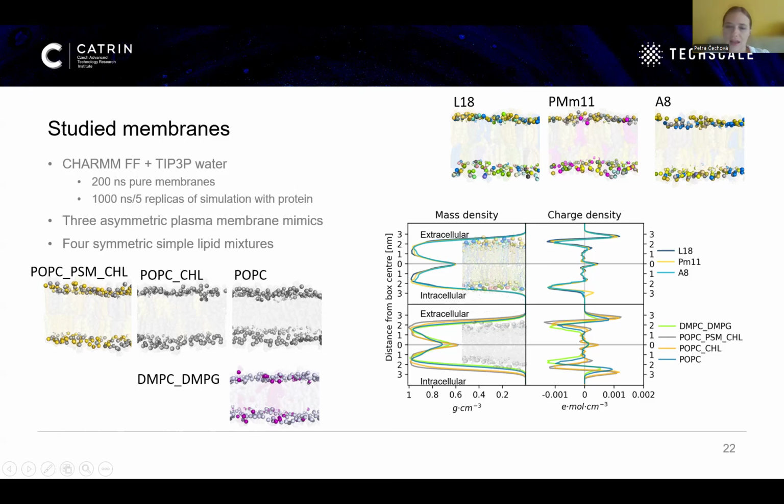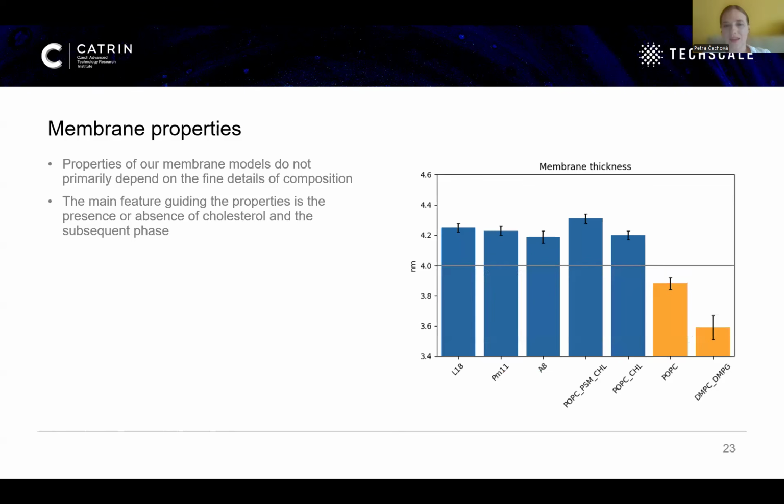So to highlight the trends that we can see, I chose to depict it in terms of membrane thickness. Membrane thickness corresponds a little to membrane ordering in the inverse form. What we can clearly see from this property is that there is a group of membranes that are very similar in their thickness. They are within the standard deviation of each other, so they are statistically the same.